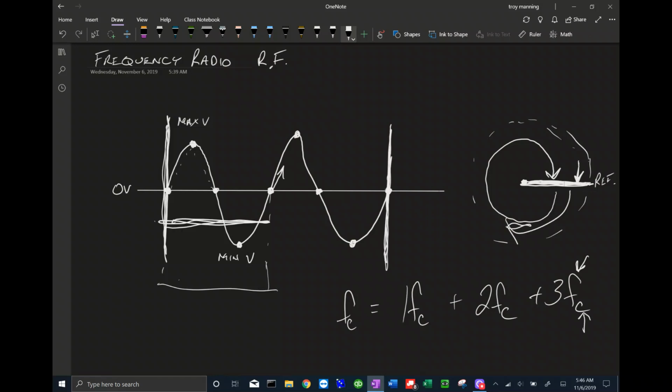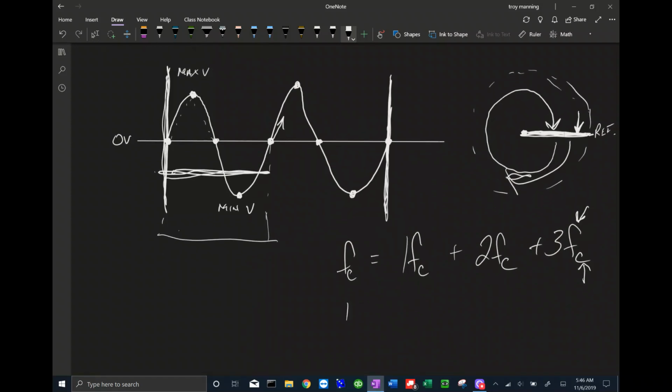So our carrier frequency, whatever produced, say if we produce a 100 megahertz signal, right, and we bounce it down the line, the way that this bounces back on itself and then bounces back on itself again, it's constantly moving, and at every half wavelength, we make a new frequency, which is twice what the original frequency is.